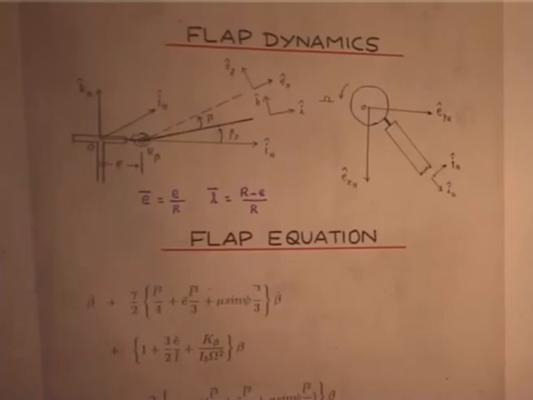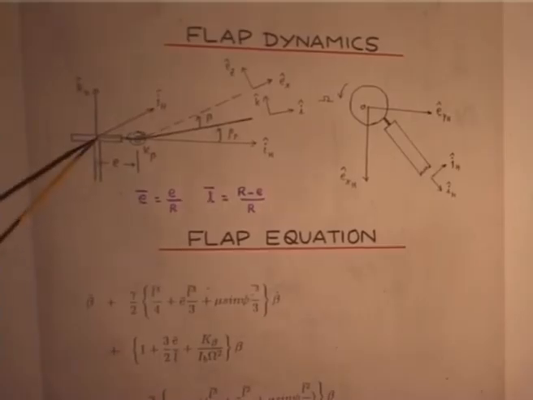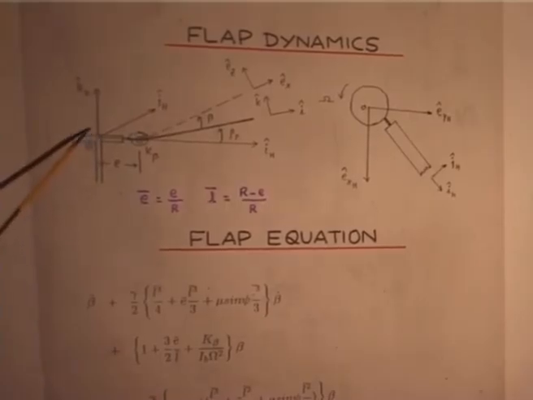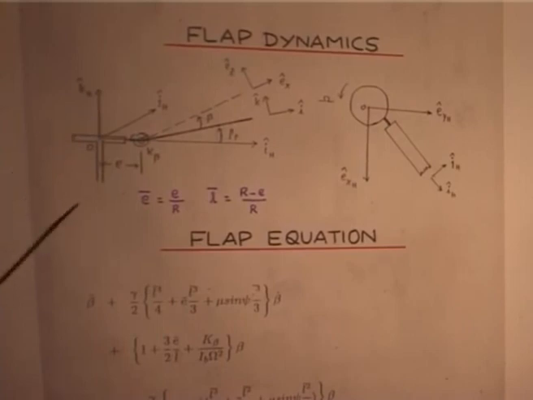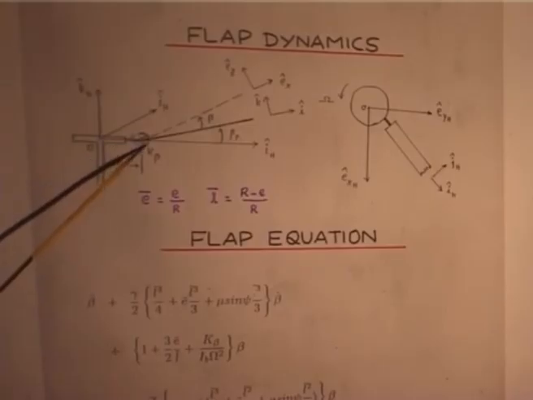Now, you see, I am slowly complicating my blade model. Earlier we had a centrally hinged blade with a spring restraint. Now I am having an offset and a spring. This is what a real life blade is.